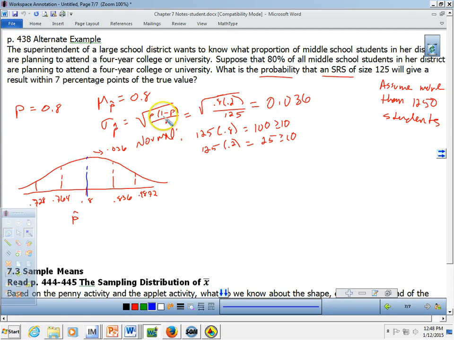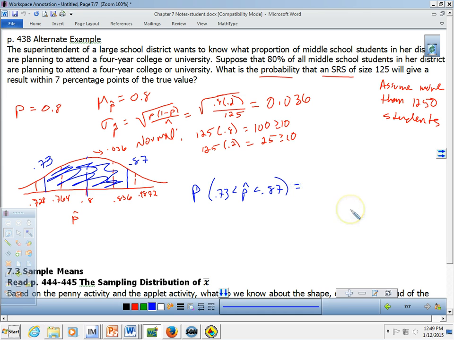So within 7 percentage points would be 87%, so 0.87 ends up somewhere right in here, and then 0.73 ends up somewhere right in here. This is the area that we want to find. After all of this, we're back into our normal calculation stuff. So the probability that a sample will give us a p hat between 0.73 and 0.87 is where you find your normal CDF.